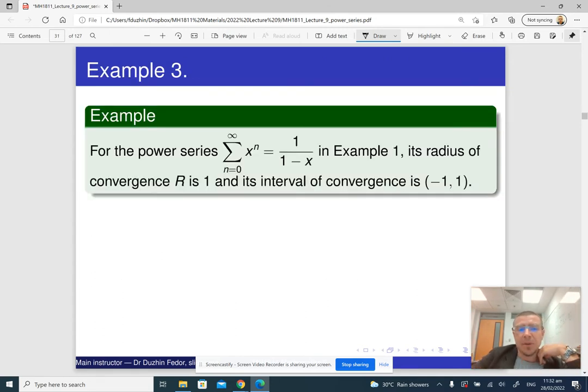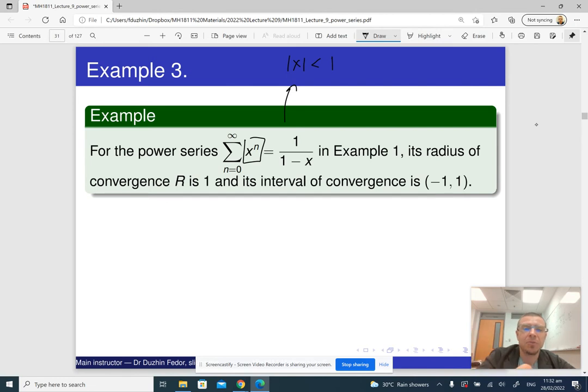So here is an example. This is our very simple example. Here we know that the geometric power series represents the function 1 over 1 minus x. So we know that it converges when the absolute value of x is less than 1. Notice that the series just contains terms x raised to the power n.